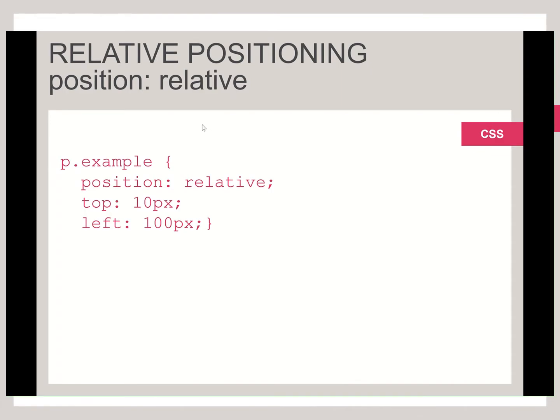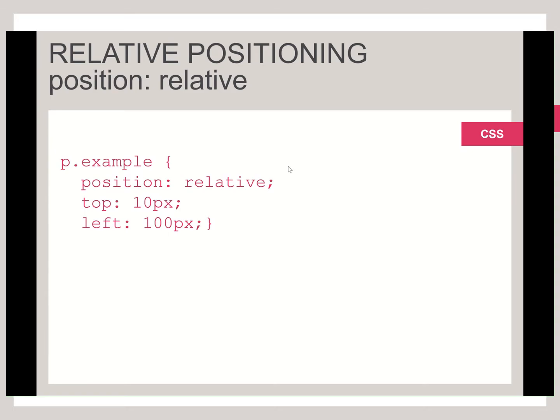So the next one is relative positioning. That means we still use the same property, position, but we give it a new value, which will be relative. Of course, based on this alone we cannot finish the task because we need to give the offset as well.